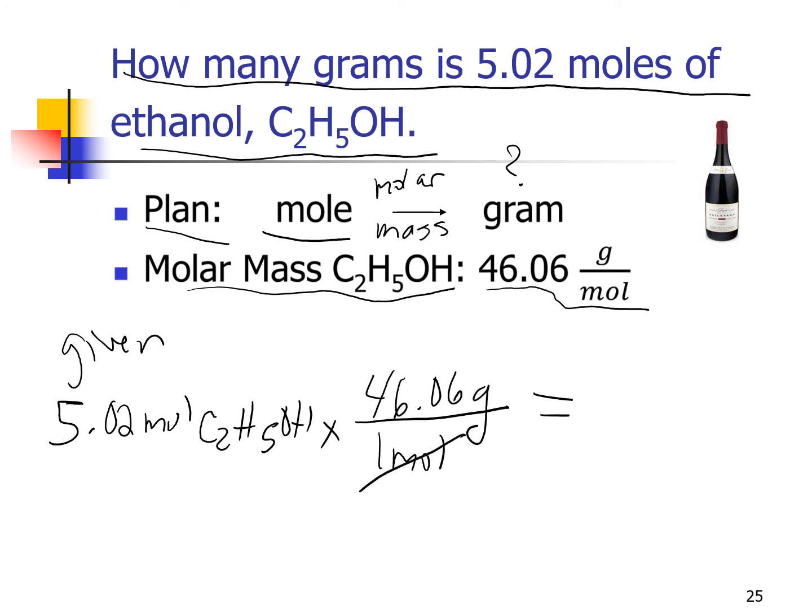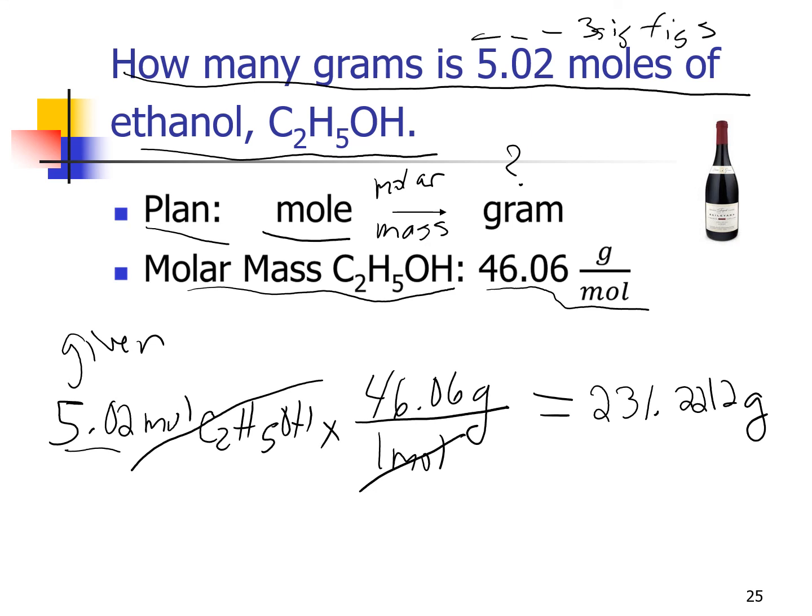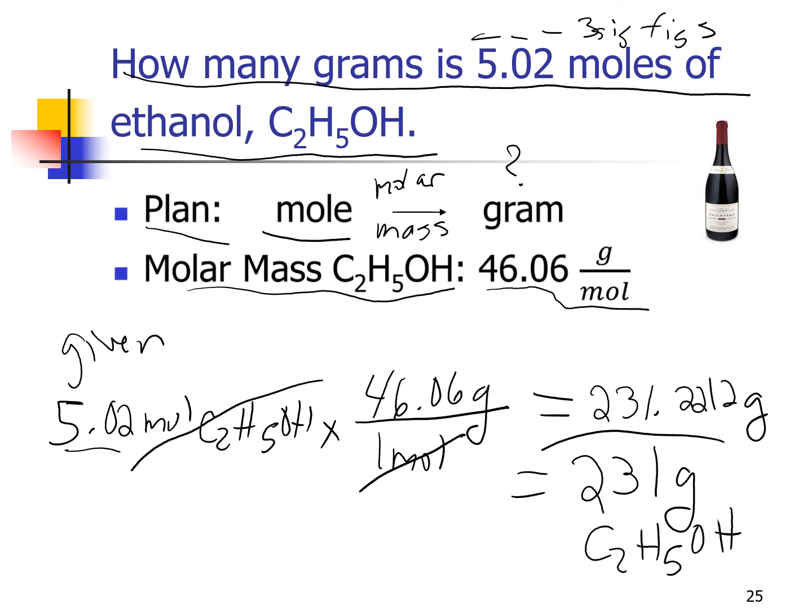So then our moles of ethanol will cancel, and then we just multiply 5.02 times 46.06, and we would come up with 231.2212 grams. And we want to always check our sig figs at the end. We were given 3 sig figs, so our final answer should have 3 sig figs. So the final answer is 231 grams of C2H5OH.